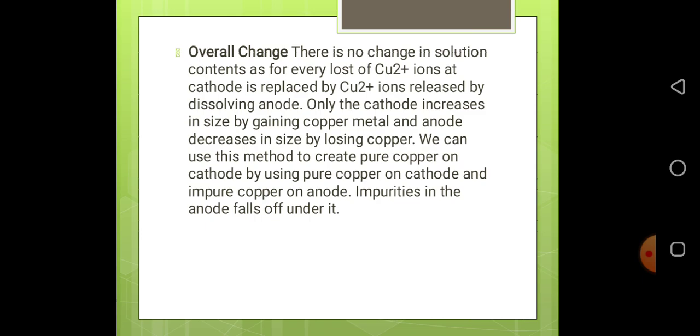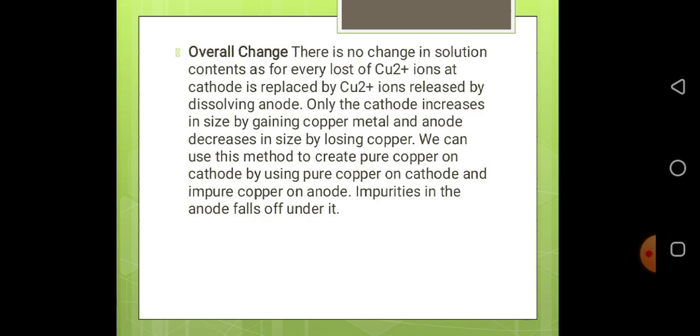Overall change: there is no change in the solution content, as every loss of copper 2 ion at the cathode is replaced by copper 2 ion released by the dissolving anode. Only the cathode increases in size by gaining copper metal, and the anode decreases in size by losing copper.